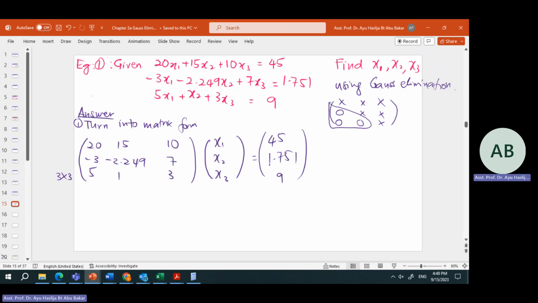The answer over here is, what is the dimension of this matrix? Huh? 3 by 1. Row, 3 rows by 1 column. Okay, 3 by 1. Now, next step, what you should do?